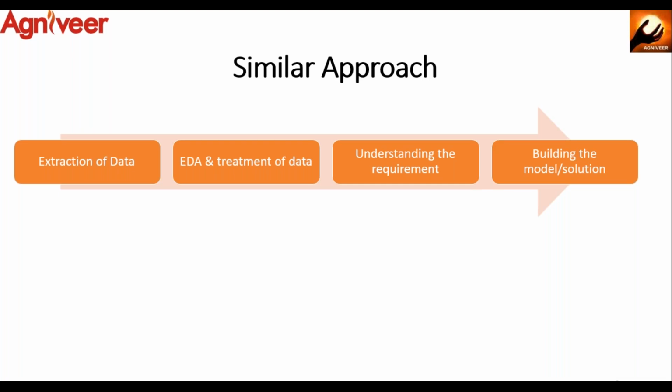On the basis of that, we need to understand that there is a requirement and there is a purpose for that data. For example, say I'm working with banking data and I need to know whether the person will default or not. I need to have certain variables which will be my predictor variables.